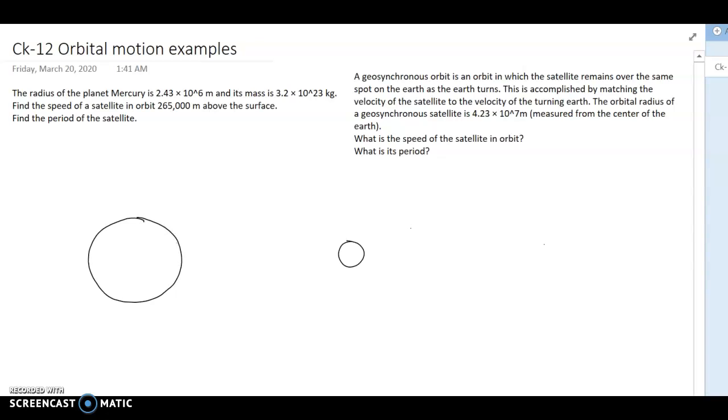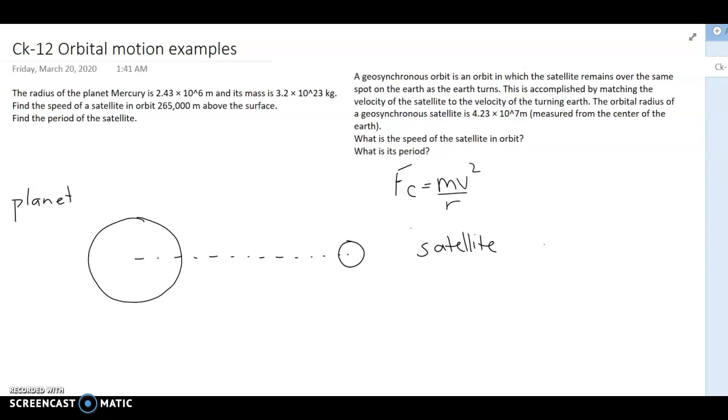So we have a planet and we have a satellite, and we have two equations that we're mainly working with here in this section. We're working with our centripetal force, Fc, equals mv squared over r.